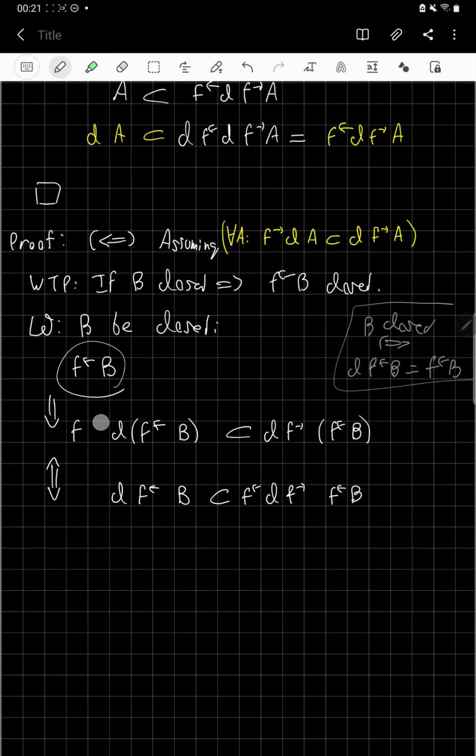Sorry, accidentally here I wrote the inverse image. I meant to write the direct image. This implies, so note here, this is redundant. We take the inverse and then we just map it back. So this is going to disappear.